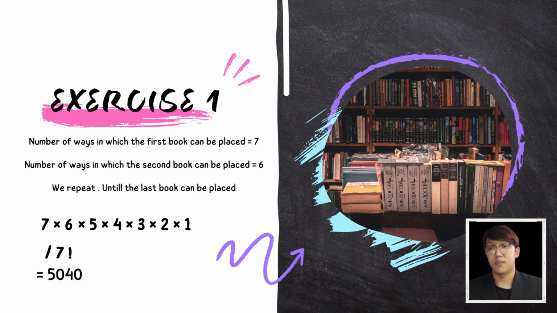So we're going to use the simple permutation method, which is 7 times 6 times 5 times 4 times 3 times 2 times 1, or we can use 7 factorial, which is the same thing. The answer will be 5040 ways.